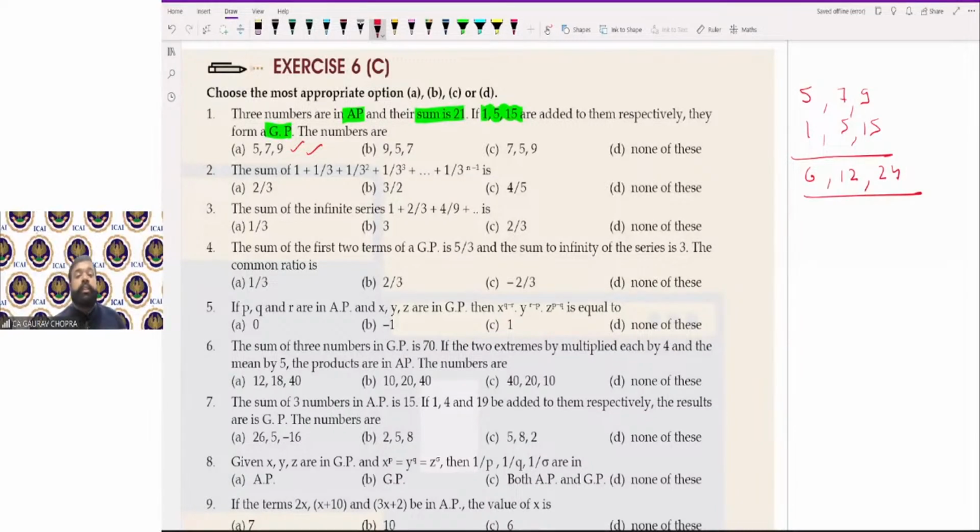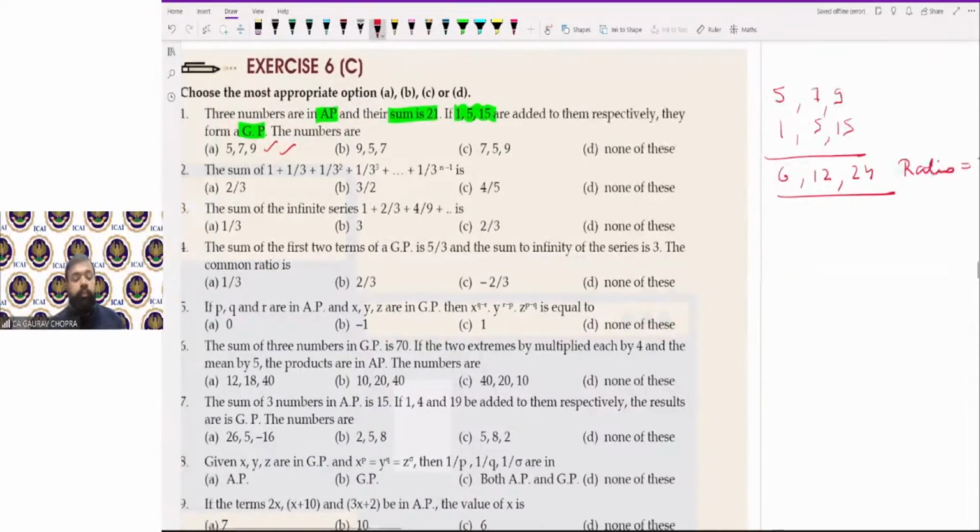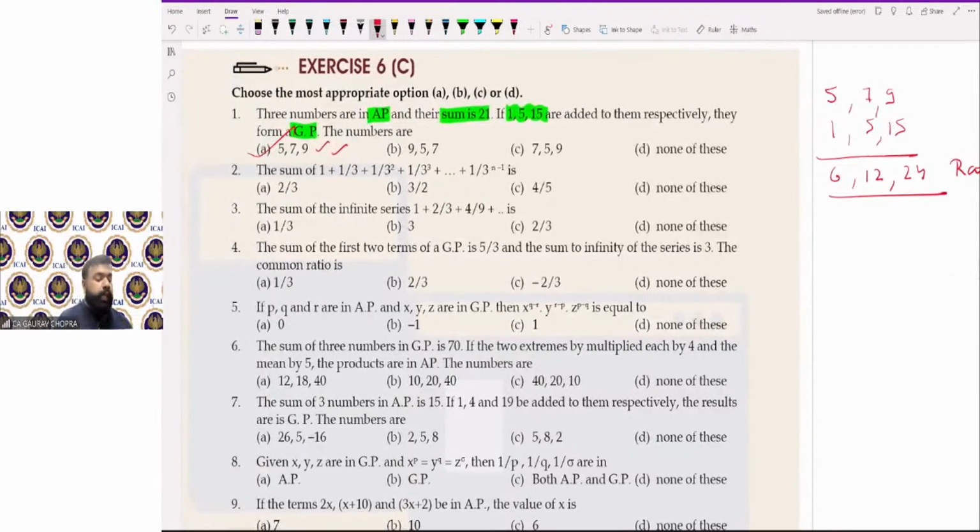Now is this a GP? Is it forming a GP? Yes, there is a common ratio of 2. Therefore, option number A is the correct answer. 579 is your correct answer.